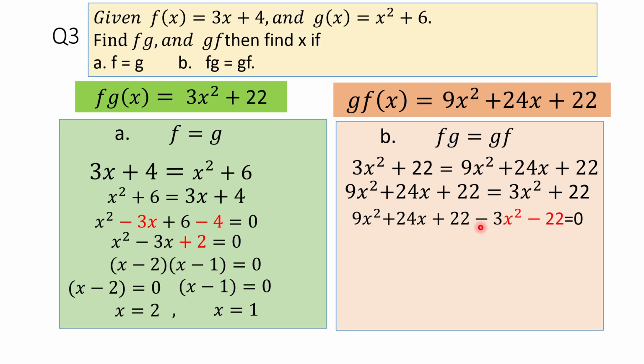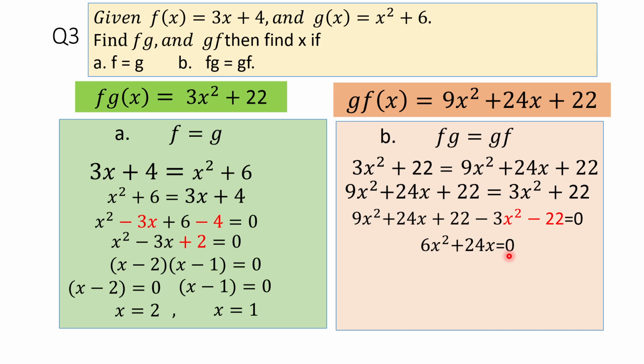So from positive it becomes negative 3x squared, and same thing goes to positive 22 from right hand side, move it to left hand side, therefore it becomes negative 22. You can simplify this equation, and you have 6x squared plus 24x equals 0.